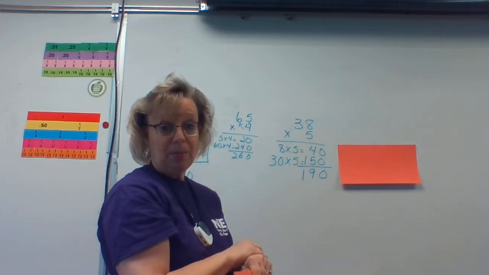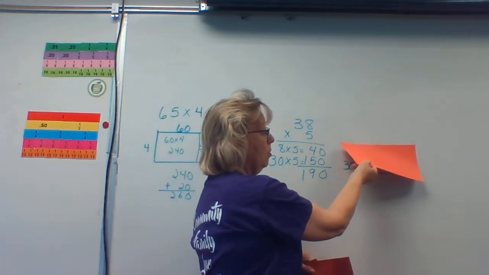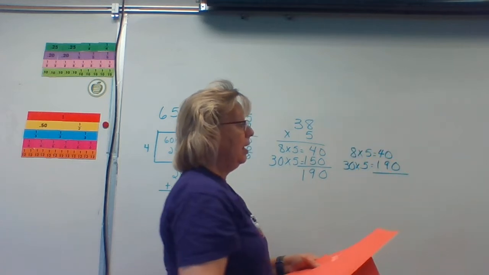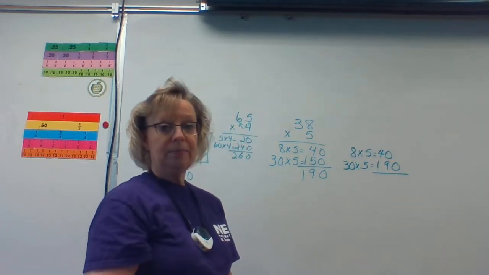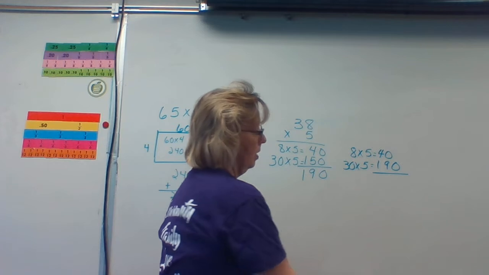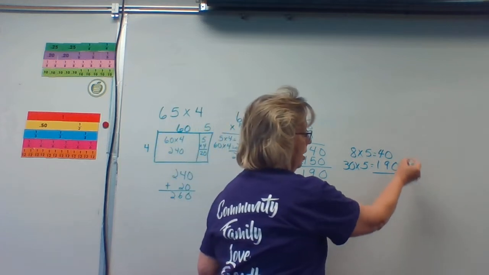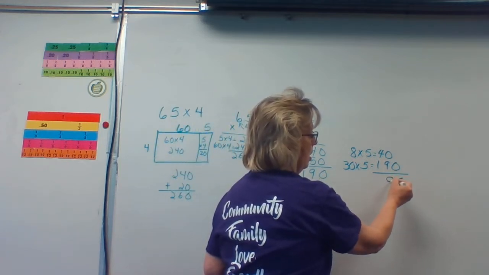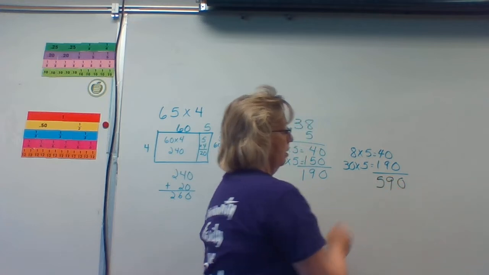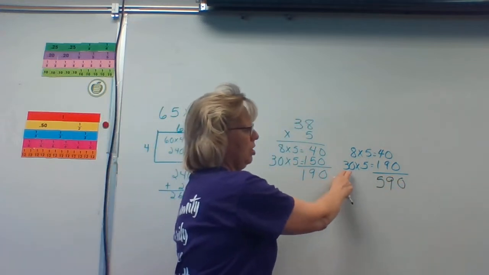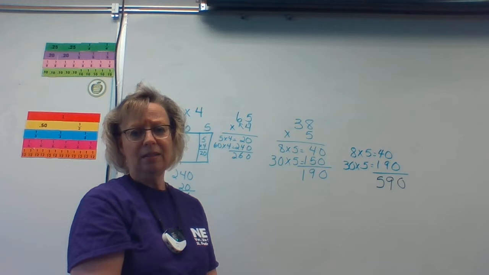Yeah, that's pretty simple. But what would happen if I did it this way? I would have 0, 9. Okay, those are the same equations, but my answer is different.